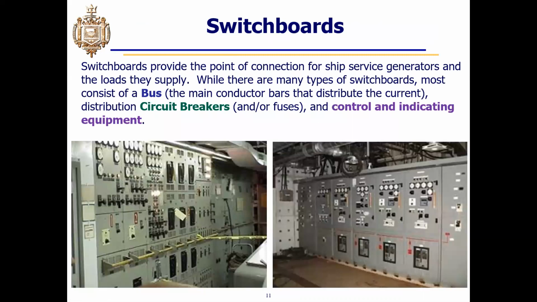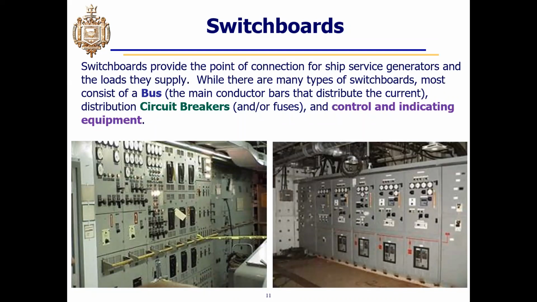I've been saying switchboards throughout this lesson. Well, switchboards are the point of connection for the generators of the ship and also the loads that they supply. Inside of a switchboard, it consists of the bus. When you hear the term the bus, we're talking about the very large conductors that carry the main current for the switchboards. We say it's the starboard AC buses.